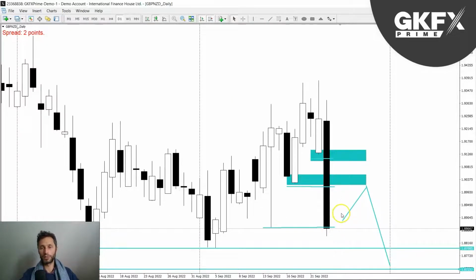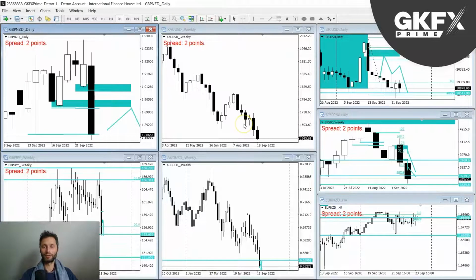The retracement may be shallow, but either way, best to wait for the price that we prefer in the market, rather than having decisions dictated on the fly by what the market is going through, and it's just the random volatility. Okay, so that's that on the pound New Zealand.